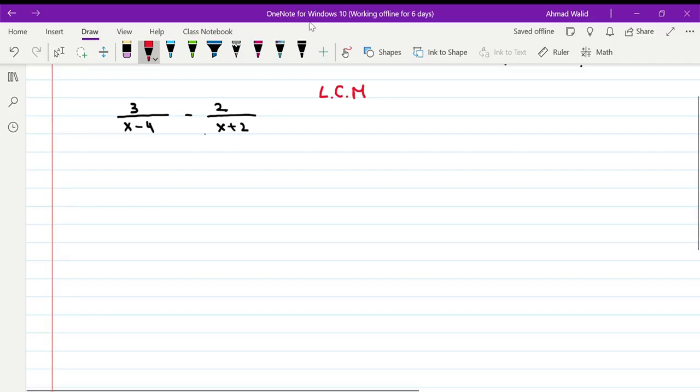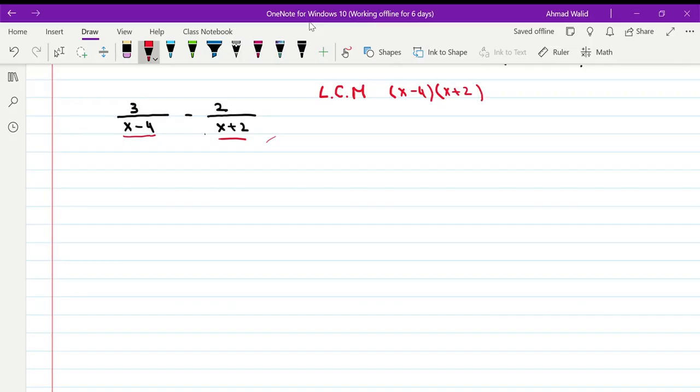The LCM between these two denominators is the product of these two linear factors, correct? Which is x minus 4 times x plus 2, correct?